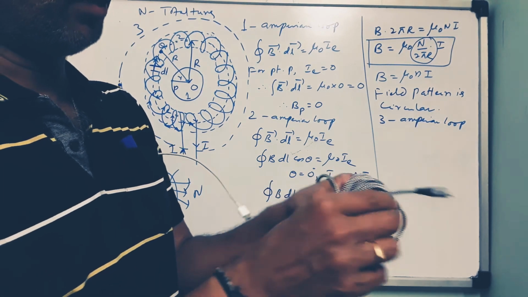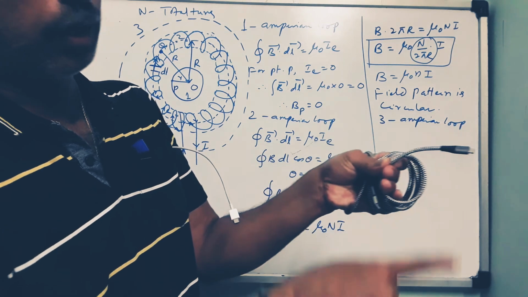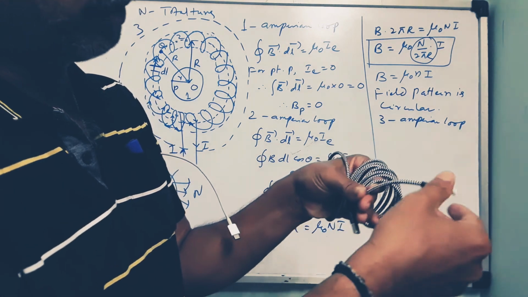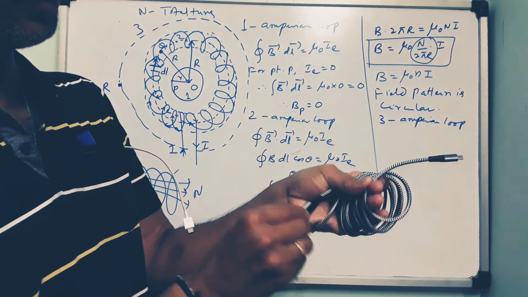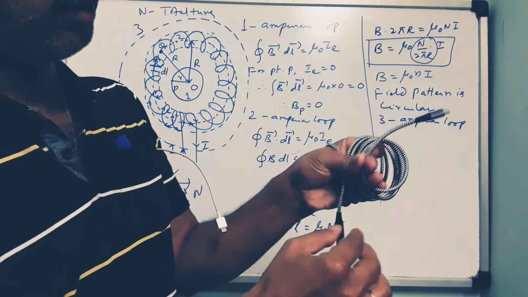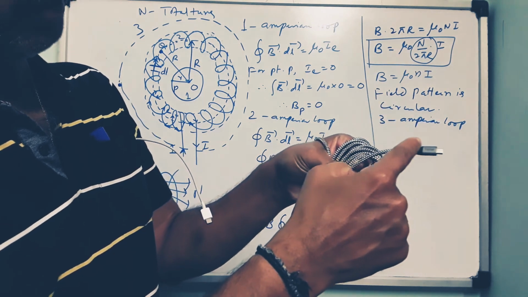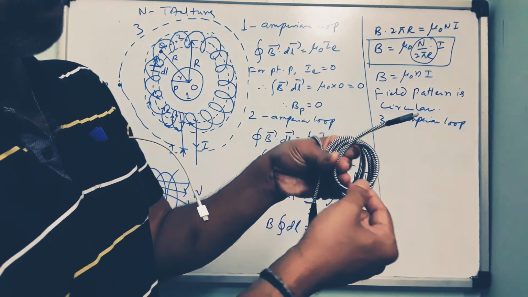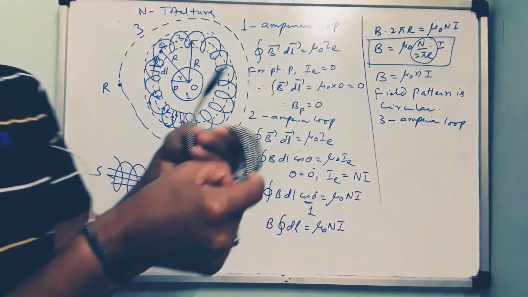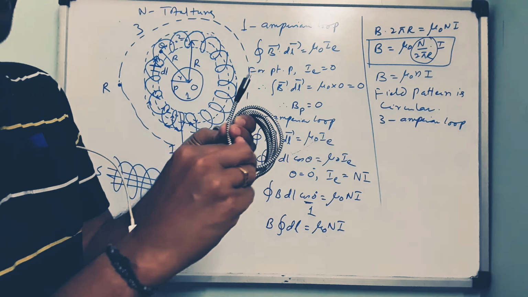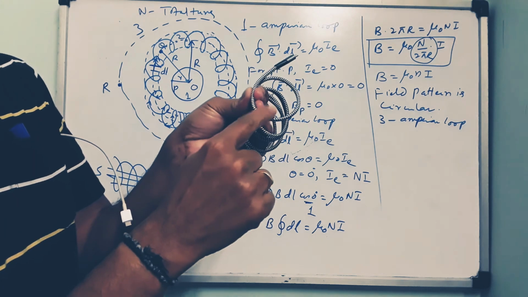Suppose this is our toroid, so this will continue like this. It will continue like this. Maybe a solenoid, no problem. So this is the beginning end and this is the closing end of the toroid. Now I am sending current here. So it will go like this. And this is my first turn. Is this clear?